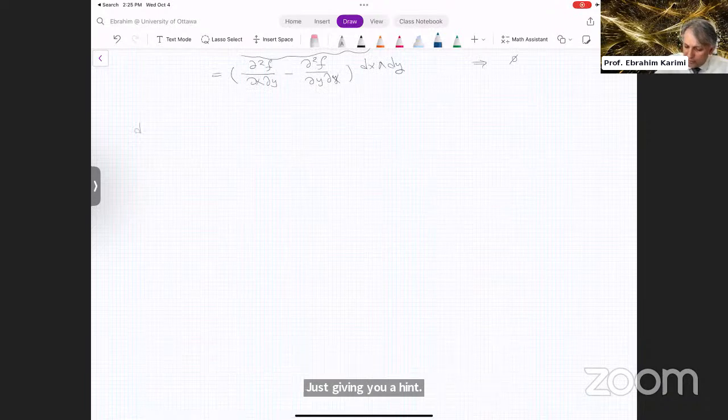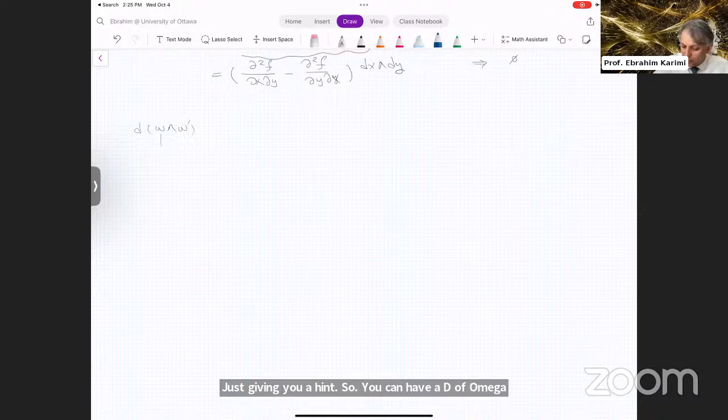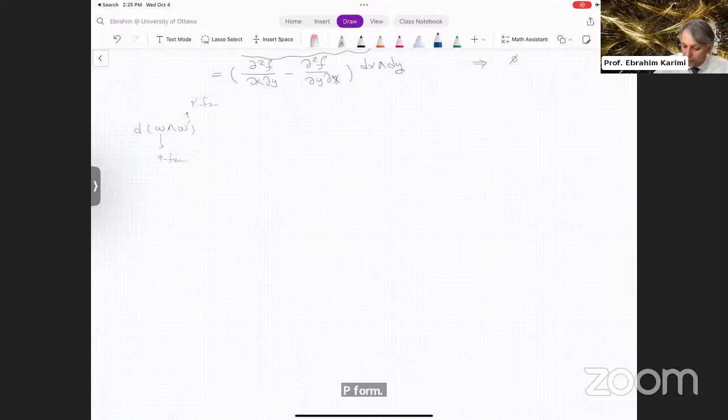So you can have d of omega wedge omega prime, and remember omega is the p form and omega prime is the p prime form. What does it mean?